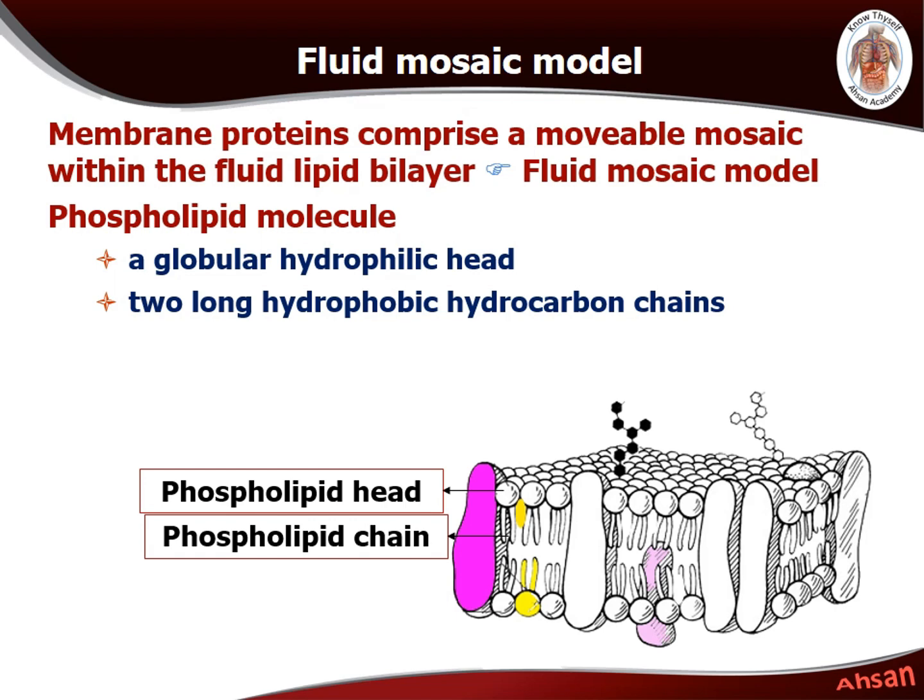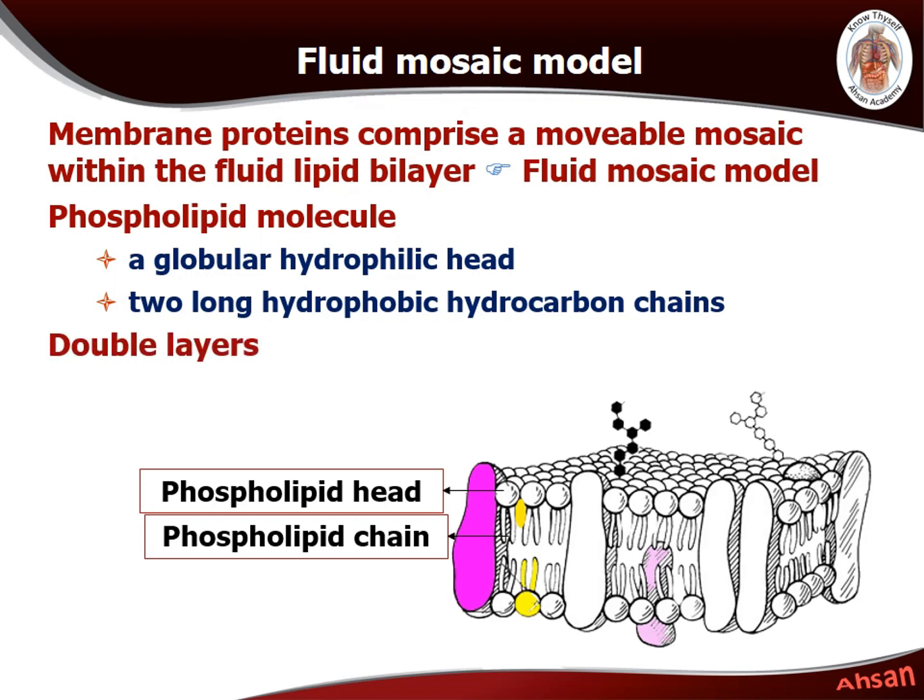The inner side of the membrane is occupied by the hydrocarbon chains of the lipid molecule. Those are hydrophobic in nature, means they don't have any affinity, and they have phobia towards the water-soluble substance. So this central part cannot be crossed by the water-soluble substances.